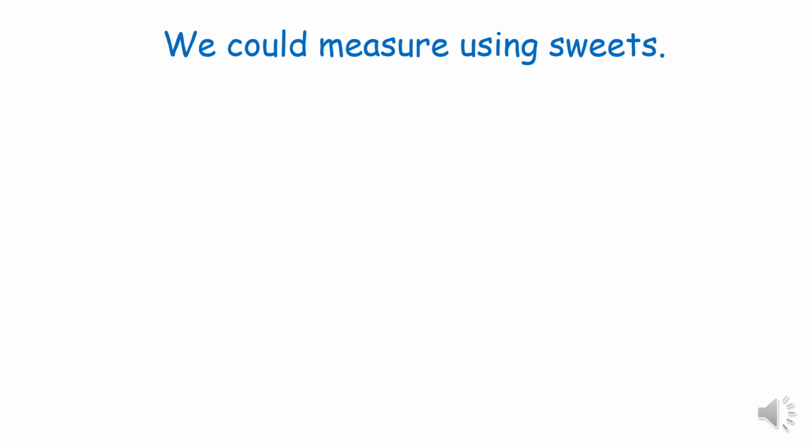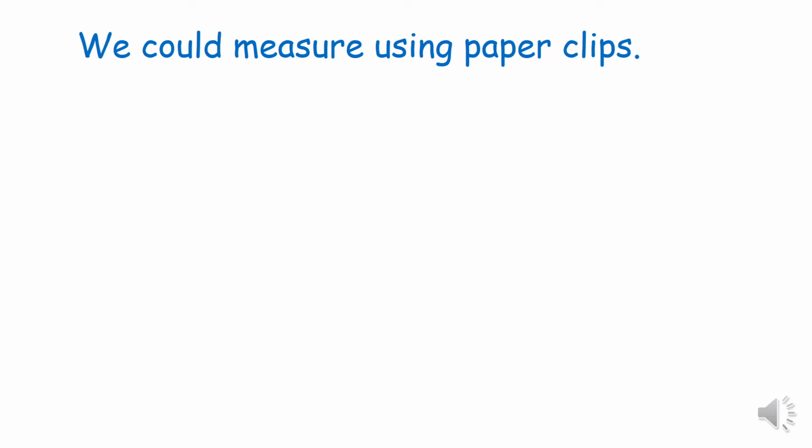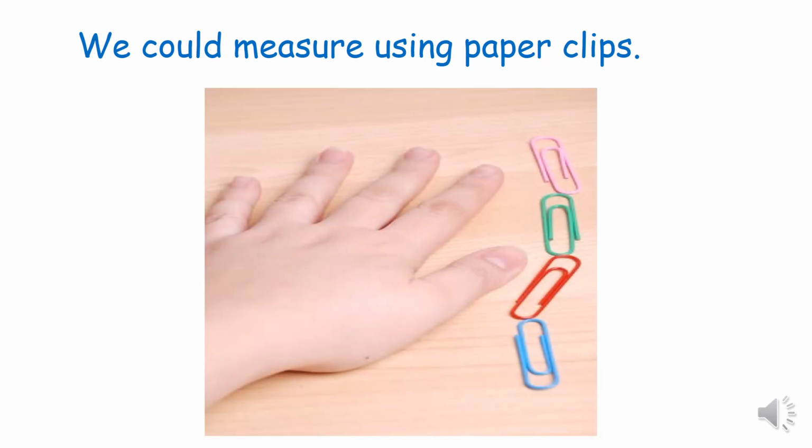We could measure the length using sweets. So here we've measured the length of the object using M&Ms. Now we could do that with any other sweet to see how long that item is. We could measure using paper clips. So here somebody's measured the length of their hand using paper clips.